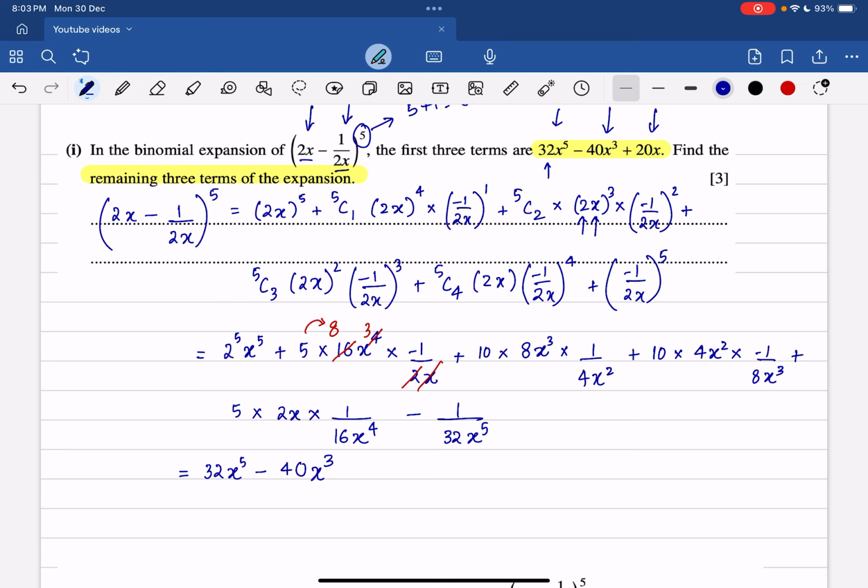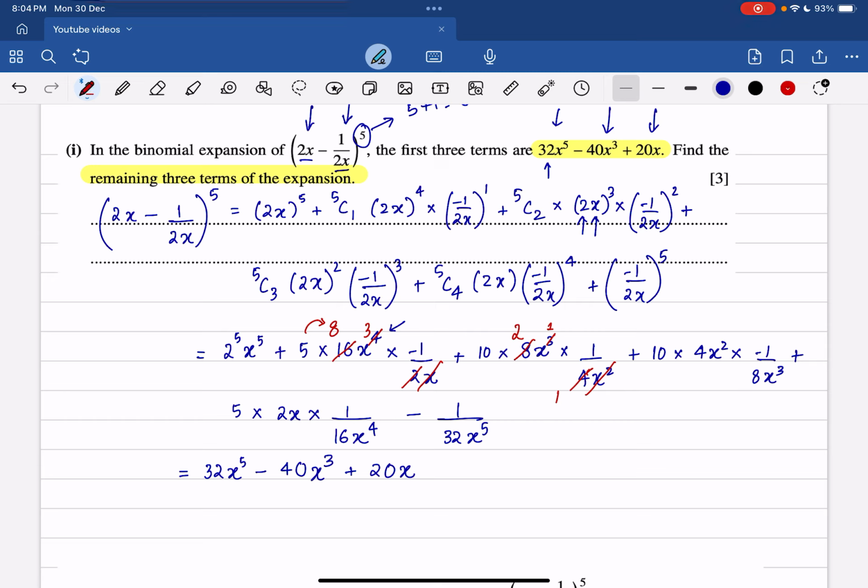If you observe, there was one x that had gotten cancelled, right? Over here, in the next term, x squared and x cube, you are left with 1x over here. You are left with 4 ones are 4, 4 twos are 8. So you have 20x left over here plus 20x. This is what they had already expanded.